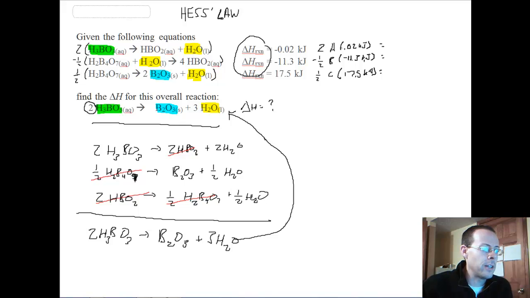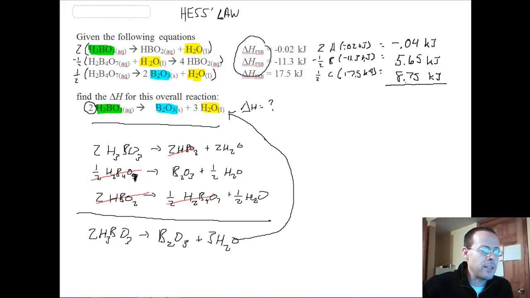If I double this, and it's a negative, I'm going to get negative 0.04 kilojoules. If I take negative half of 11.3, the negatives cancel each other out, so we are left with 5.65 kilojoules. And then if we take half of 17.5, that is 8.75 kilojoules.